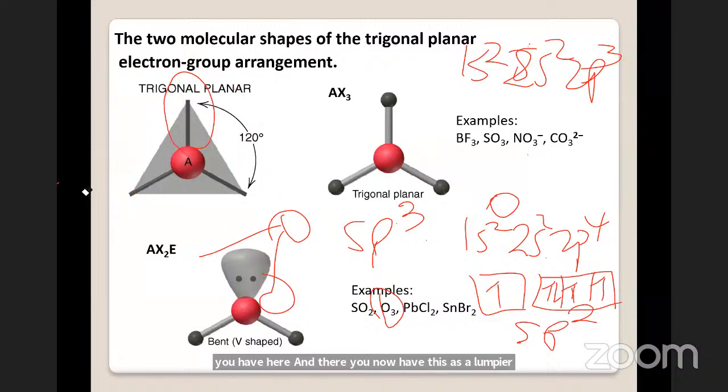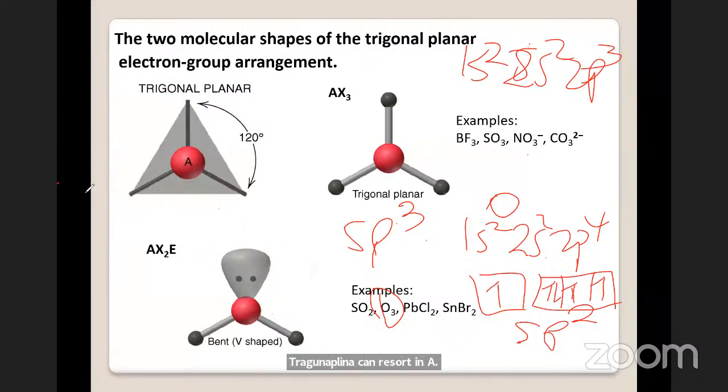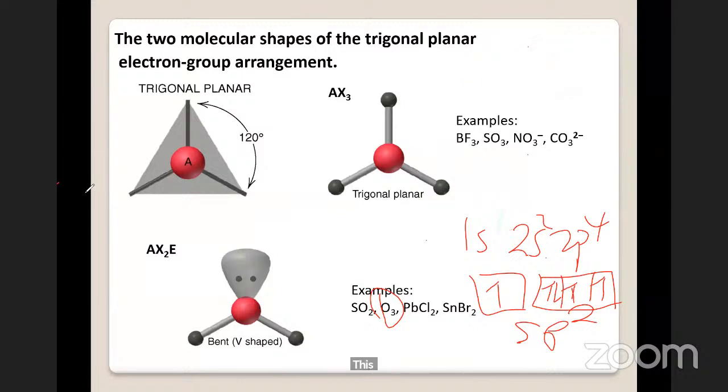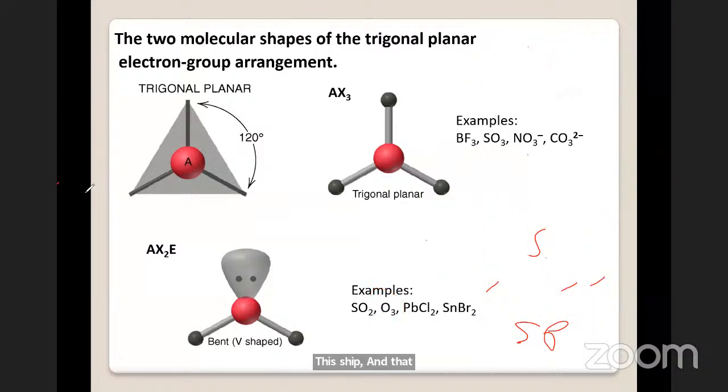So your oxygen is here, your oxygen is here, your oxygen is here. So a distorted trigonal planar can result in a V-shaped molecule, and that is a system of AX2E.